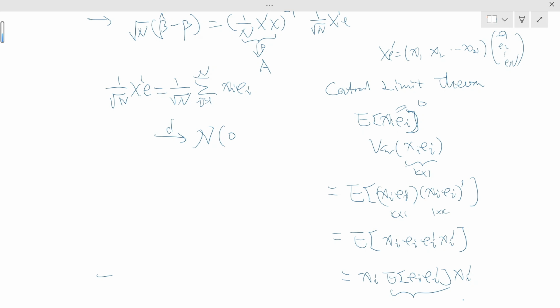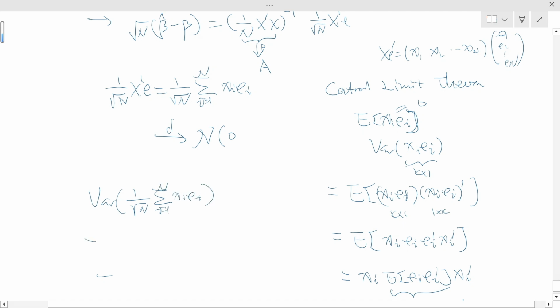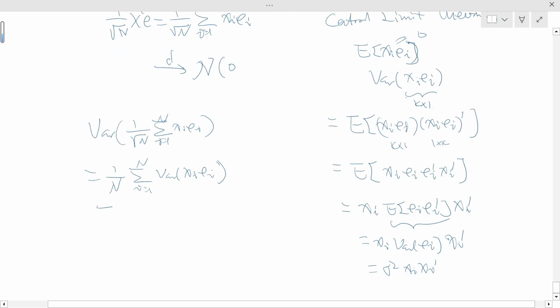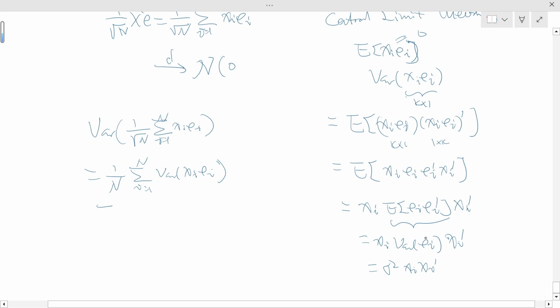So the variance of this is, let's calculate, 1 over n times the sum, since they are IID, of sigma squared xi xi prime.